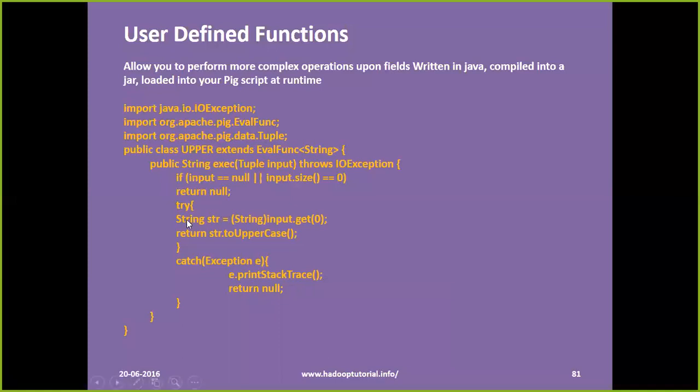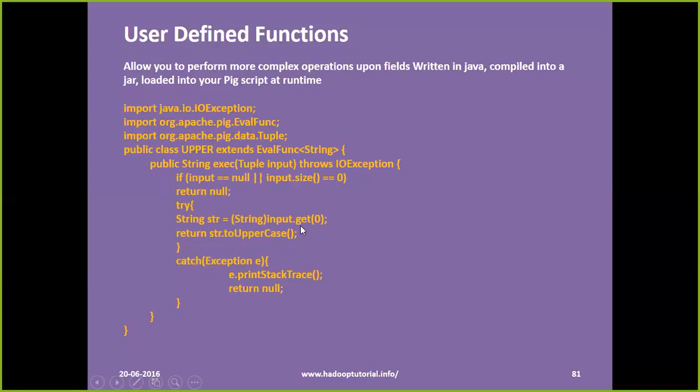So I have received that into string, and in Java I have the string.toUpperCase method. This will convert that into uppercase, and that value I'm returning. In case something happens in between and an exception arises, I'm printing that stack trace and returning null. So this is for uppercase.